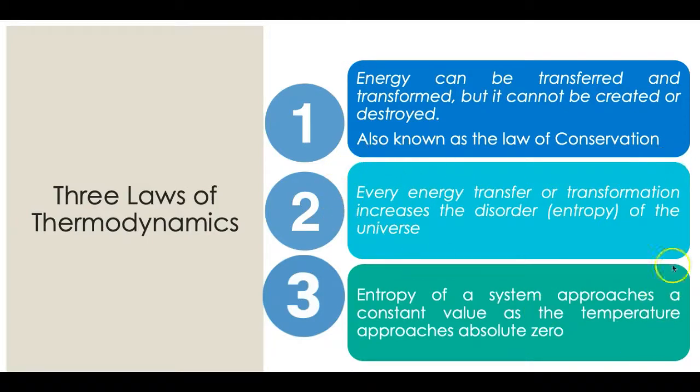The second law is every energy transfer or transformation increases the disorder or entropy of the universe. And the third one, just an honorable mention, is the entropy of a system approaches a constant value as the temperature approaches absolute zero. Or simply to say, entropy is zero when temperature is zero.